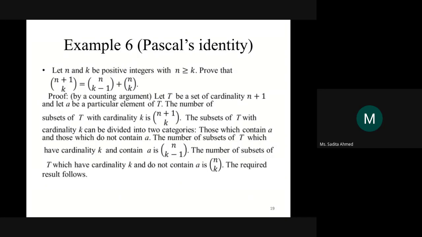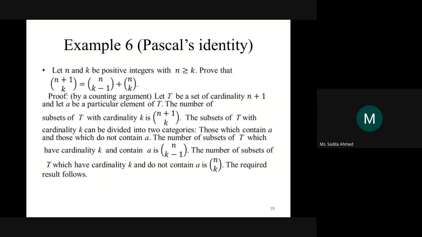The first group of subsets of size k contain the element A. The second group does not contain A. One group, all of them contain A. The other group, none of them contain A. We can divide it up in these 2 groups, right?